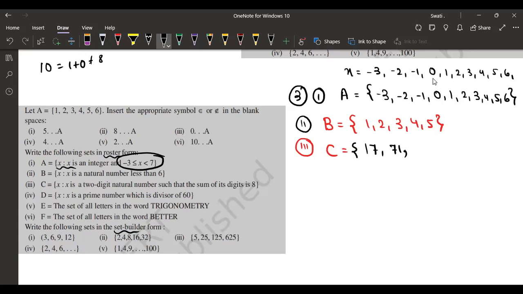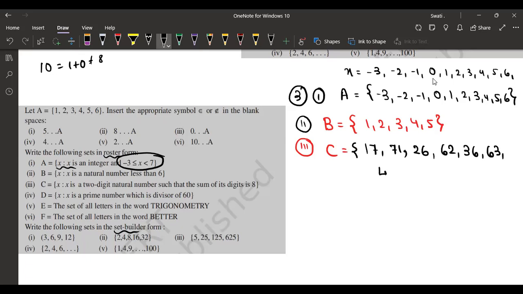So make sure that in sets, the order is not important. You can write 17 and then 26 and then 44 like that, and then 71 at the end or at the starting. No problem at all. So 17, 71. Next is 26, because the sum is going to be 8: 2 plus 6, 8. Similarly, the reverse one, that is 62. Next, 35, so 53 as well.